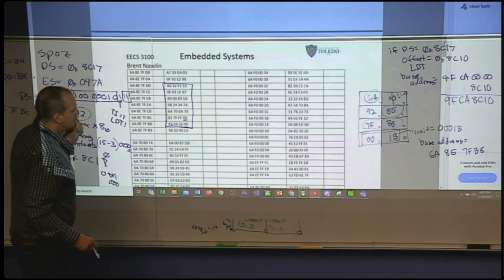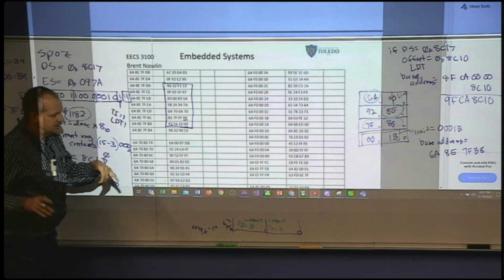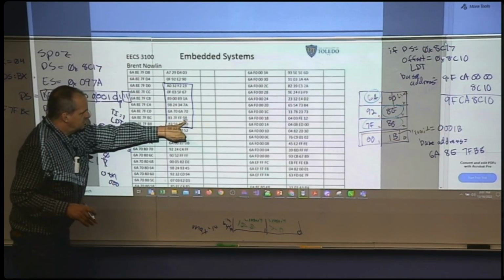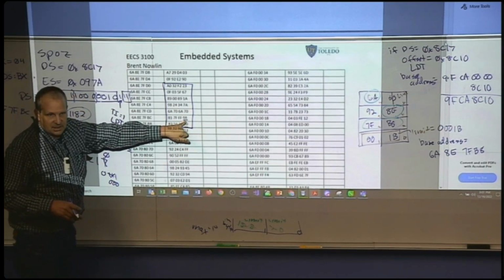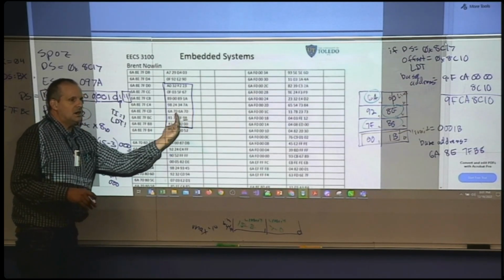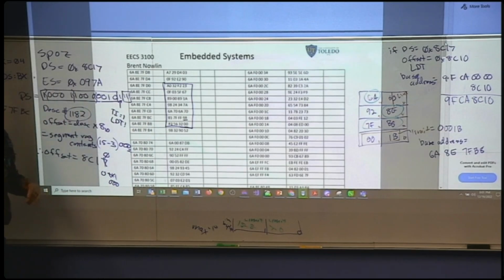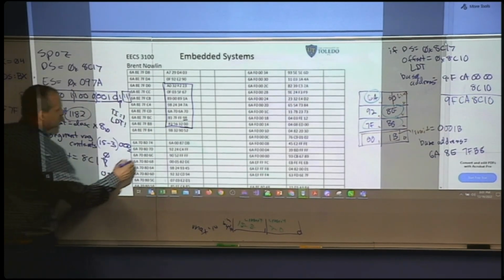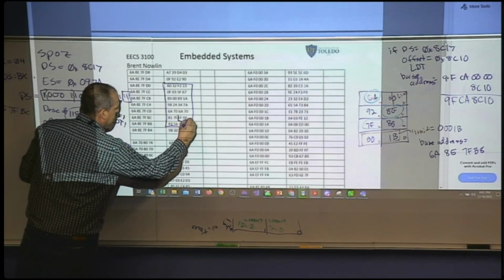If you're moving more than 1 byte, you start with the byte at the address specified, and then you go up in count to grab the next bytes. So we're not going to move just the 98, we're going to move that.